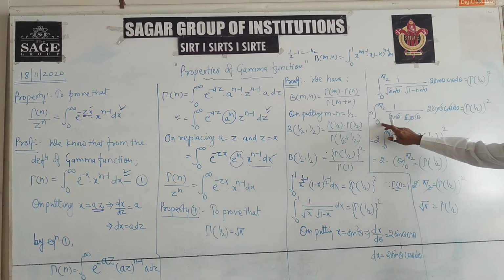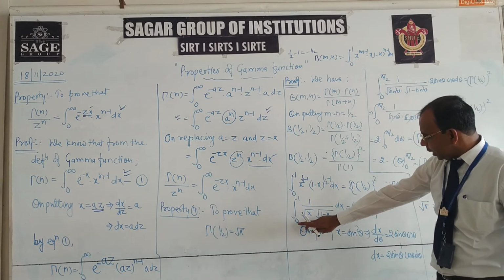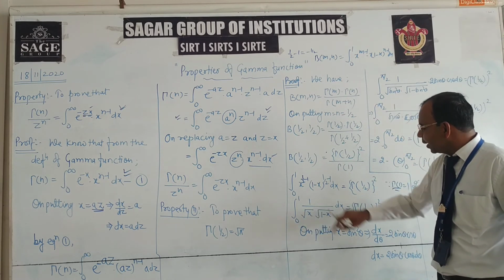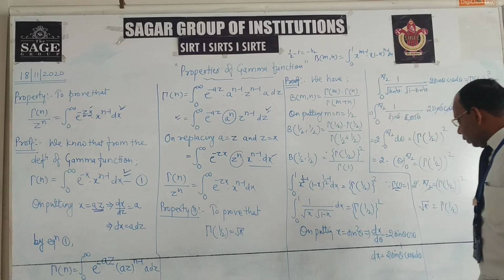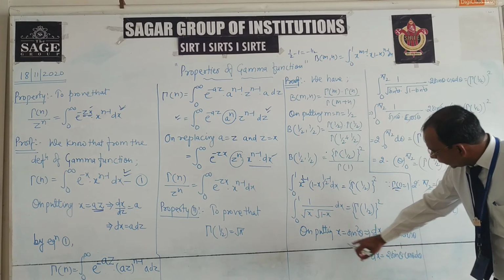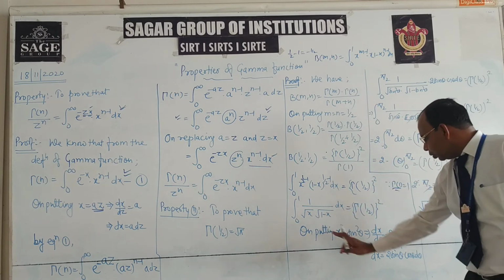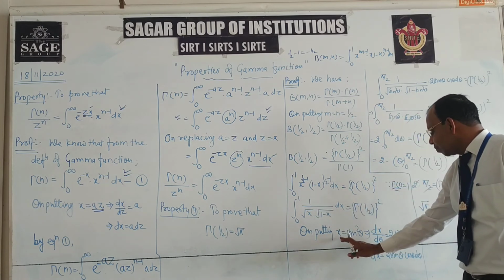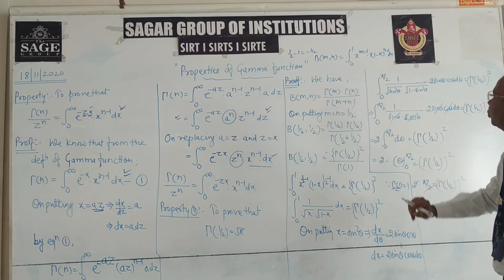We have the limits 0 to pi by 2. This is a very important point: the lower limit is 0 and the upper limit is 1, but due to the substitution x equal to sine square theta, the limits also change. X equal to 0 gives theta 0, and x equal to 1 gives sine theta equal to 1, so theta equal to pi by 2.